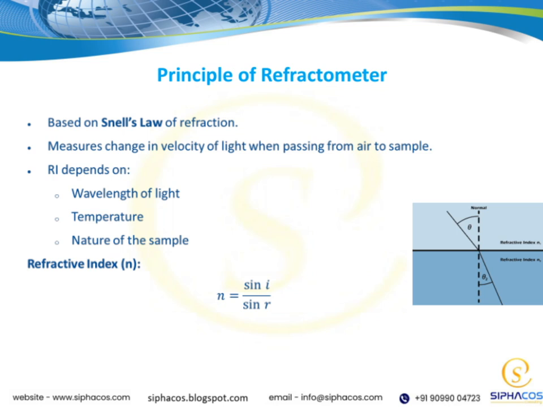When light enters the sample, it slows down and bends depending on the density of the liquid. The refractometer captures this bending and converts it into a reading, usually displayed as a refractive index or a simple scale. This is why refractometers are so useful. They give us a quick, accurate way to assess concentration without needing complex laboratory procedures.